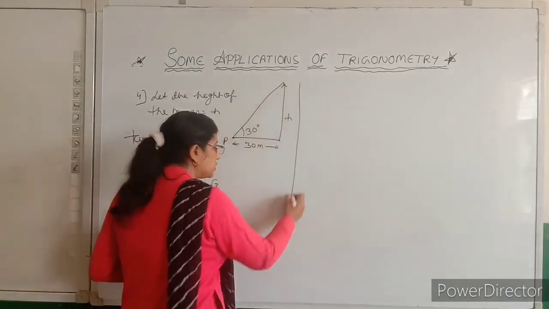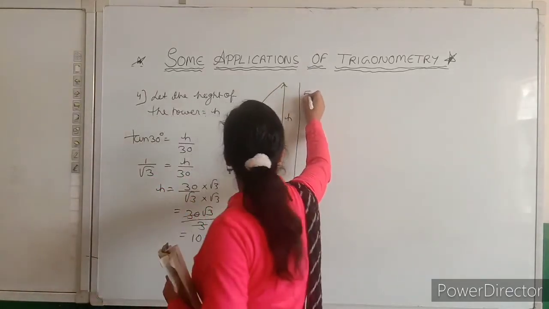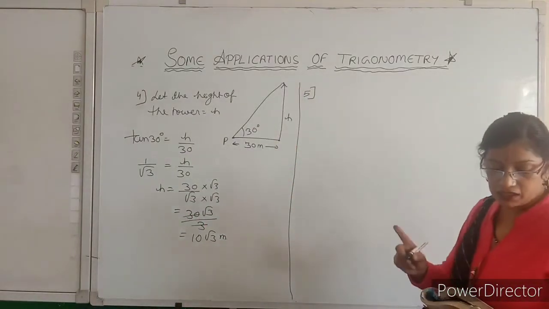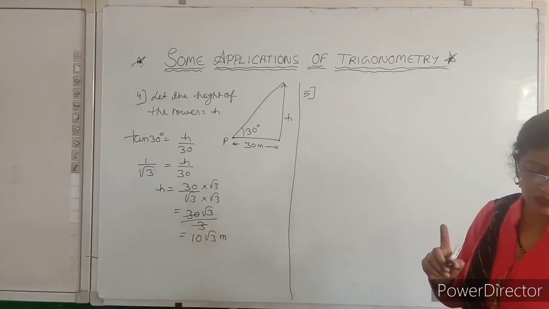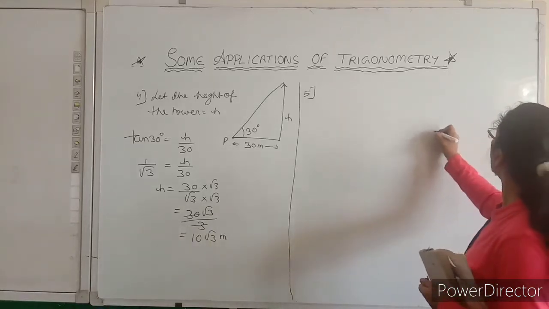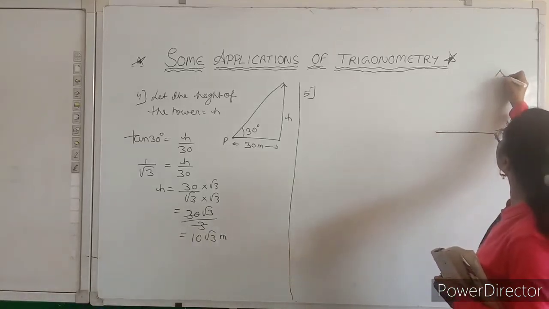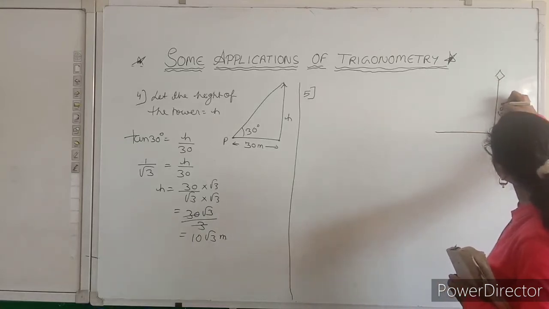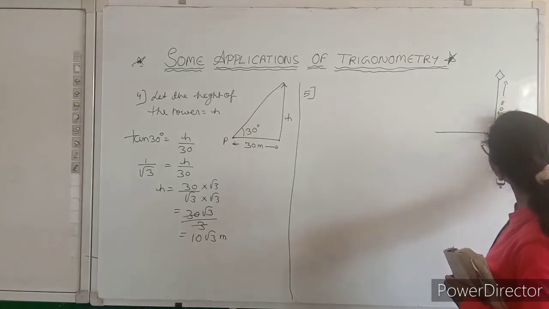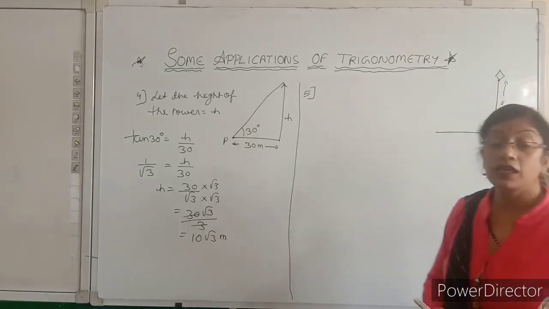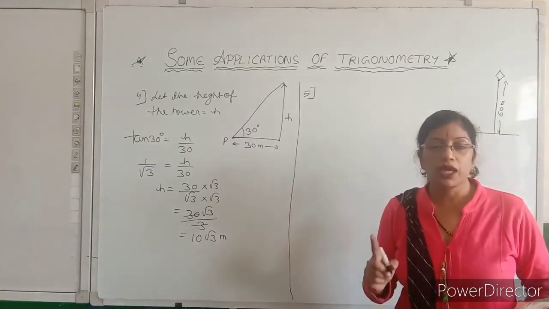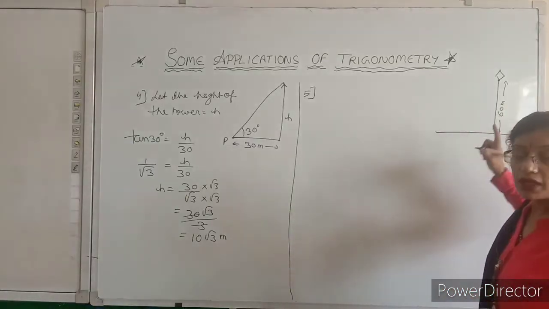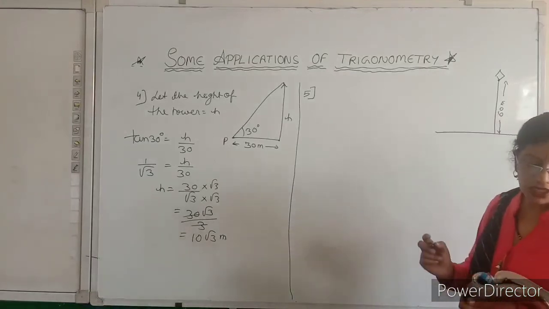So together with it, let us start question number 5. The question is: a kite is flying at a height of 60 meter above the ground. The ground is there, and here is a kite which is flying 60 meter above the ground. Whenever we measure height, it is perpendicular to the ground. Okay, I told you before also. So this will be the height of a kite from the ground.